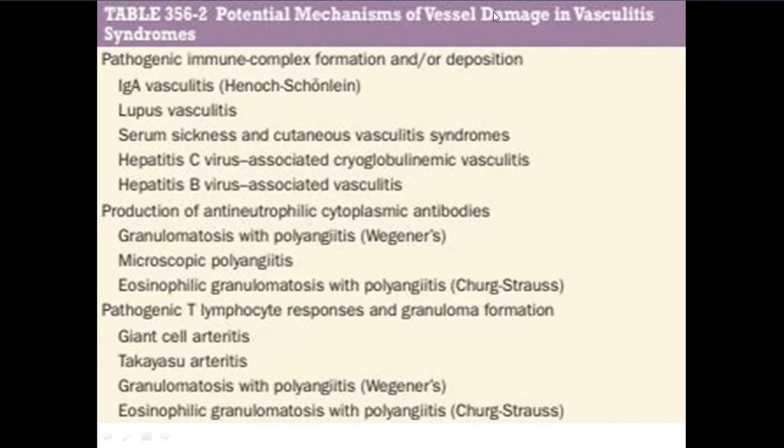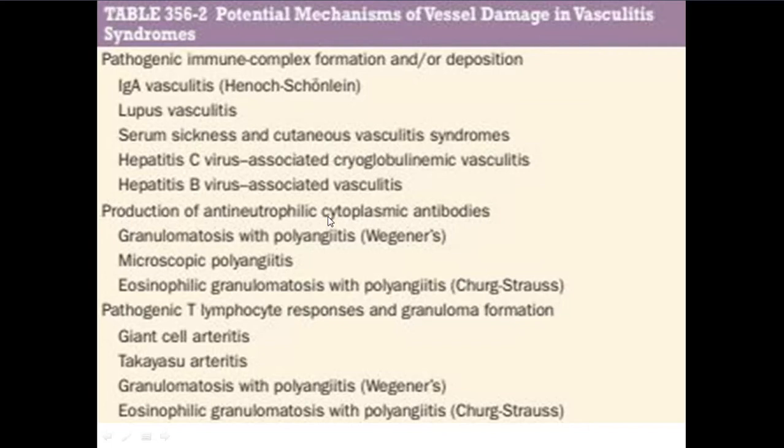So the potential mechanisms could be pathogenic immune complex formation, the production of anti-neutrophilic cytoplasmic antibodies, and pathogenic T-cell lymphocyte response. Pathogenic immune complex formation is seen in IgA vasculitis, that is Henoch-Schonlein purpura, lupus vasculitis, SLE, serum sickness, and hepatitis C and hepatitis B virus.